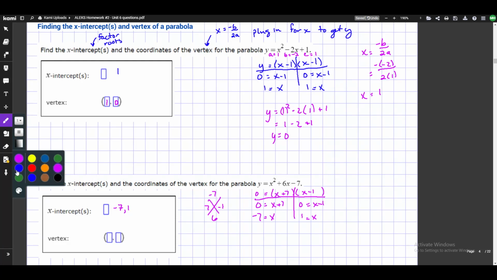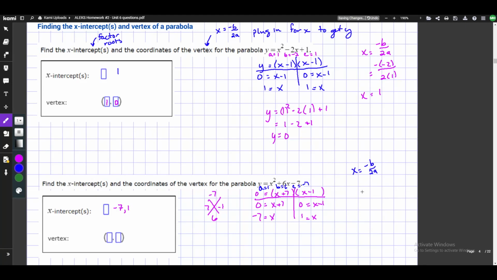And then I do have to find my vertex. So x equals negative b over 2a. My a equals 1, b equals 6, c equals negative 7.